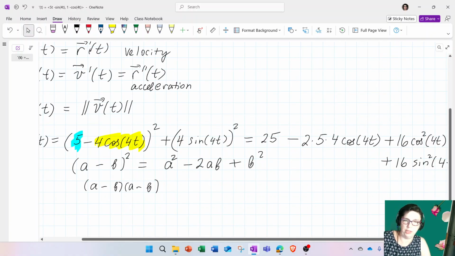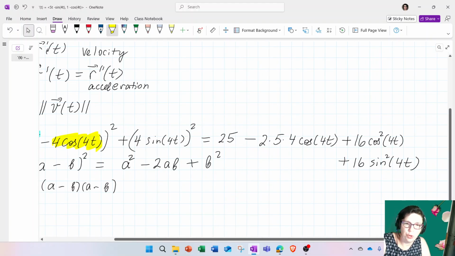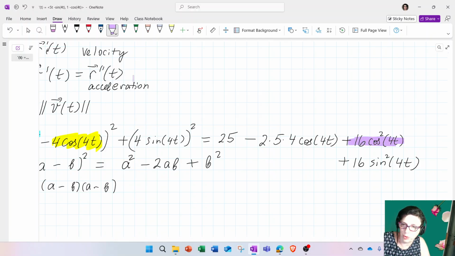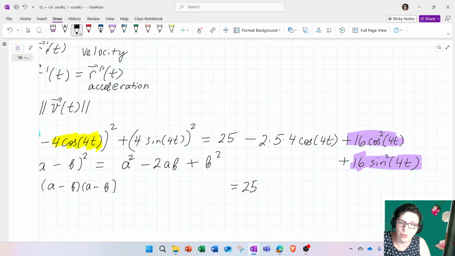Why can't I just put this as a final answer? Well, because they want you to simplify it. And the simplification is going to come out of you noticing something. Look at this term and compare that to this term. The first trigonometric identity that everybody knows is that sine squared plus cosine squared is 1, right? It's because it's a unit circle.